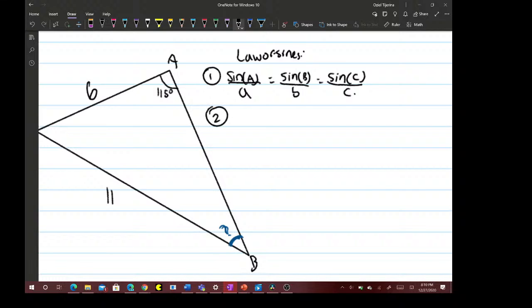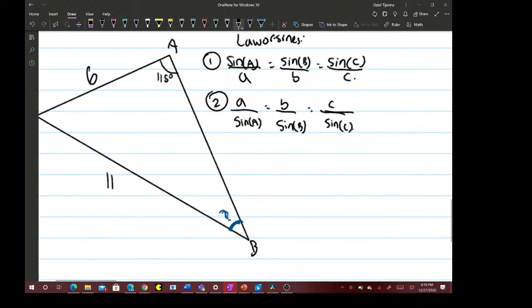The next formula is A over sine of A, which equals B over sine of B, which equals C over sine of C. At least I think that's another formula that we could use. And so I'm gonna try to do them in both ways to see if what I get is actually true.